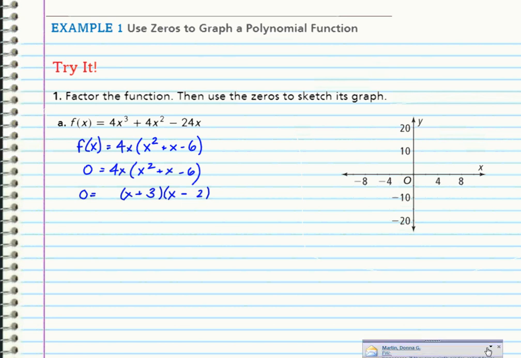Now, since we have that 4x there, we're still multiplying all three things.